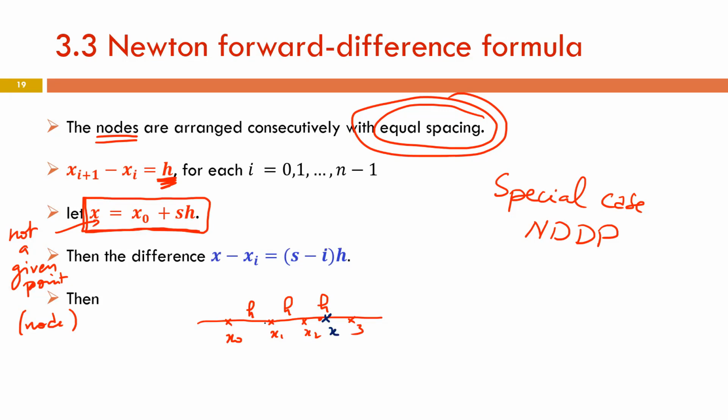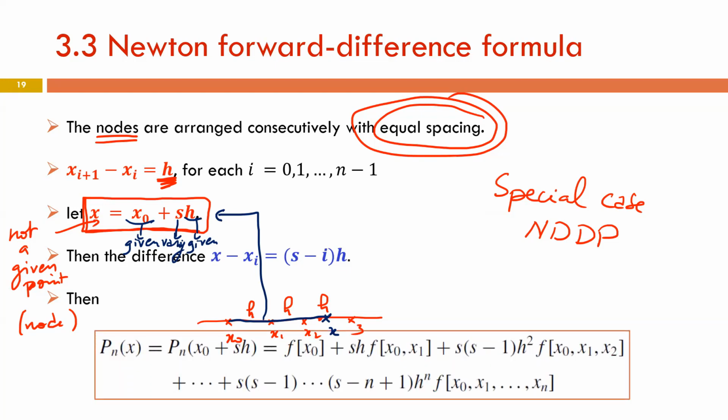This distance will be represented by this formula, x0 plus sh. So x0 is given, h is given, s is variable, because x varies. So the difference between x and any node is given by this formula, (s minus i)h. Okay? So this is important to know.